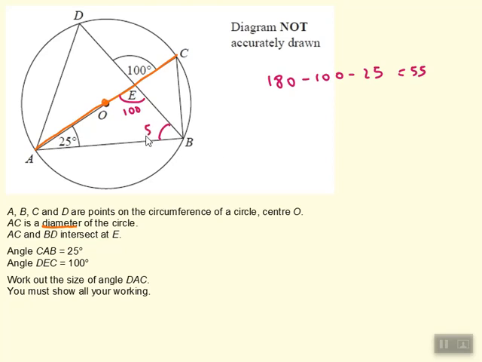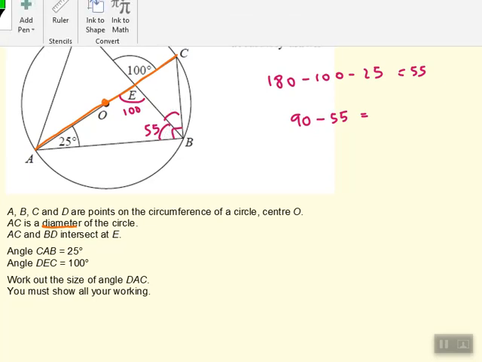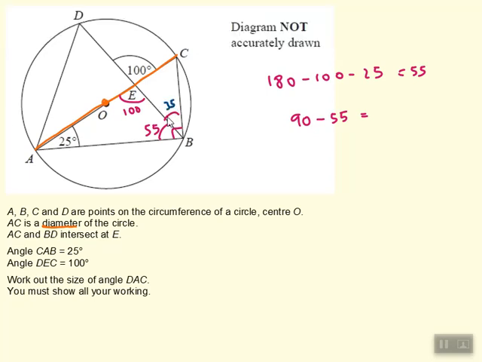And remember this is a right angle, so this side here would be 90 take away that 55, which is 35.